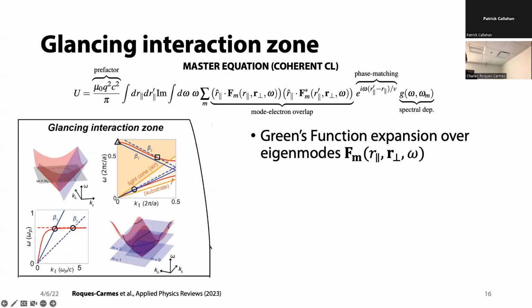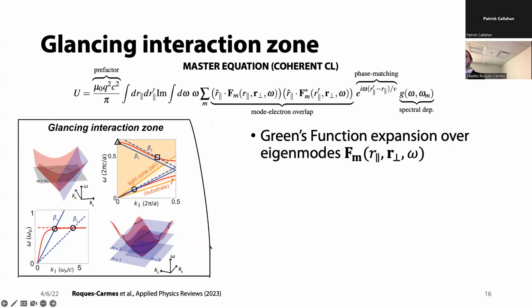In the glancing interaction zone, we recover a lot of those coherent cathodoluminescence effects. And in a nanophotonic context, we can calculate the interaction of the electron with the modes using this master equation. So I will walk you through some of the general terms of this formula here.